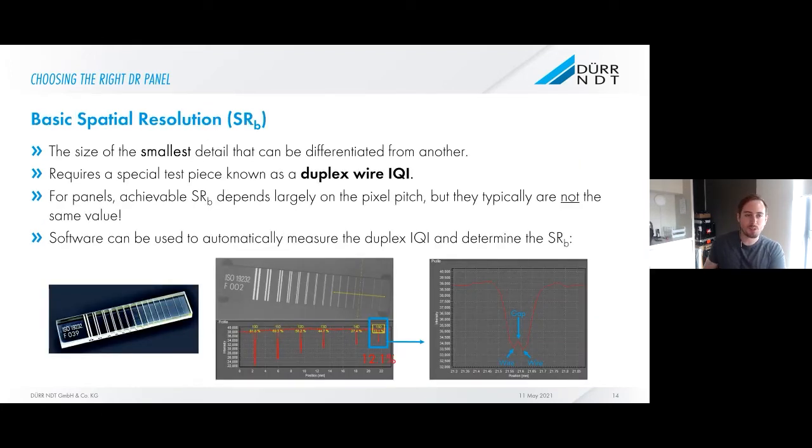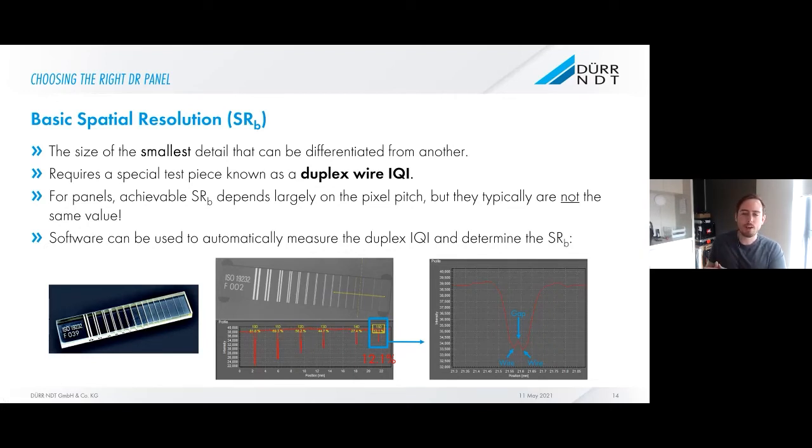I just mentioned the word spatial resolution, and I think it's important just to define what that is. It's basically the size of the smallest detail that can be differentiated from another thing in the image. And we must use a duplex wire IQI to measure this. The third point on this slide says, yes, it largely depends on the pixel pitch, but not just the pixel pitch.